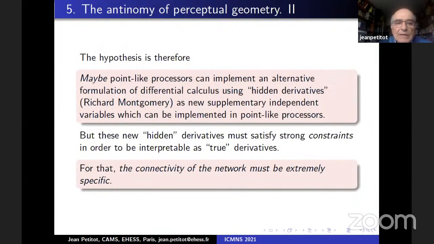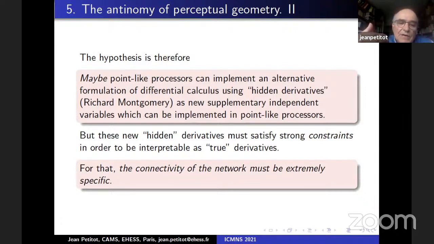differential calculus. So the hypothesis of neurogeometry is that maybe point-like processors can implement an alternative formulation of differential calculus using what Richard Montgomery called hidden derivatives as new supplementary independent variables, which can in a second time be implemented in point-like processors and interpreted as true derivatives.